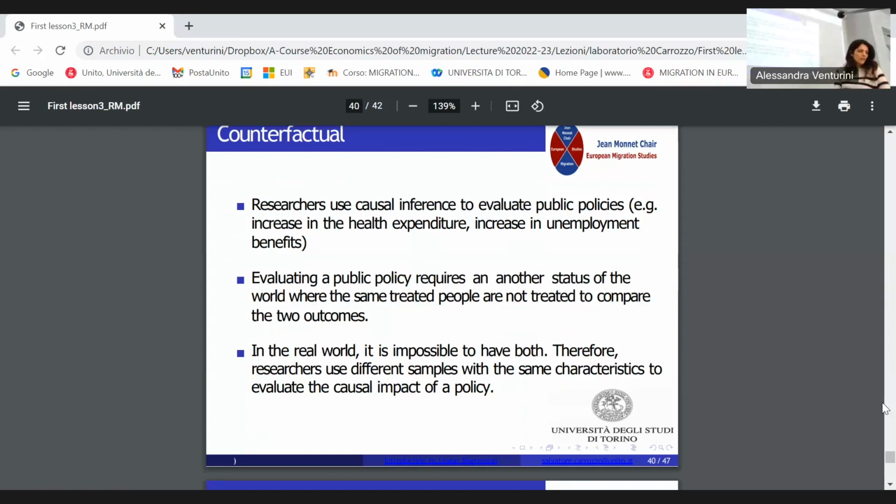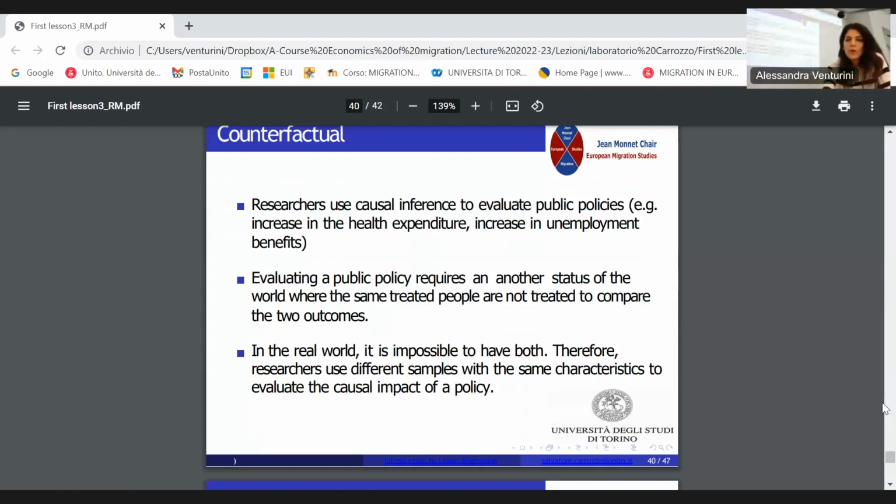Evaluating a public policy requires another state of the world where there are two different but similar groups of people, treated versus not treated, in order to compare the two outcomes. In the real world, it's impossible to have both. Therefore, researchers use different samples with the same characteristics to evaluate the causal impact of a policy.